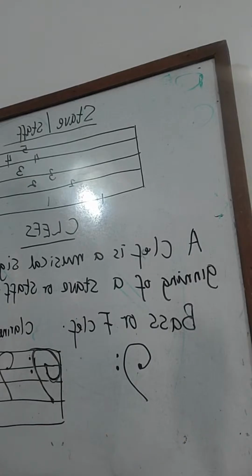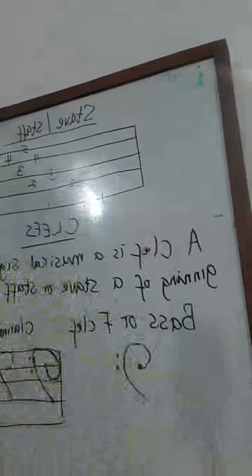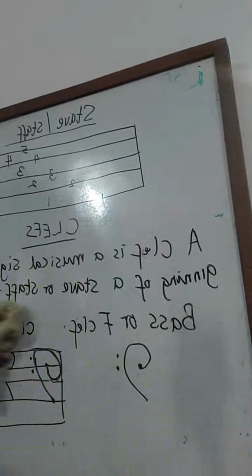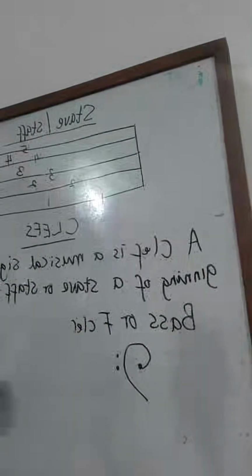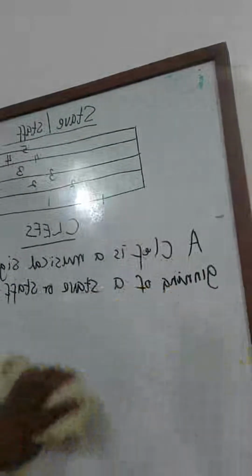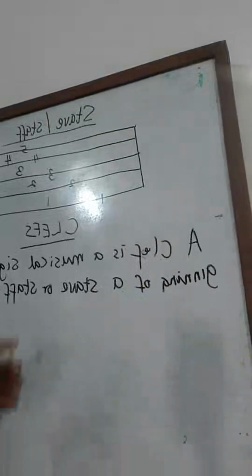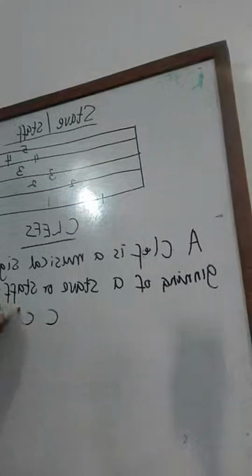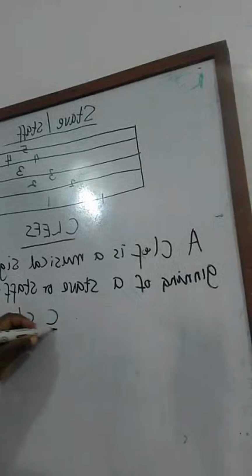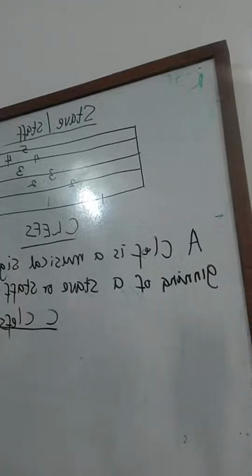So last but not least, the C clefs. The C clefs are actually three clefs. Their names are C clefs. They're actually three in number, which is number one, soprano, then alto, and tenor.